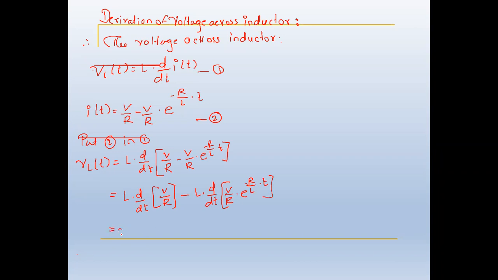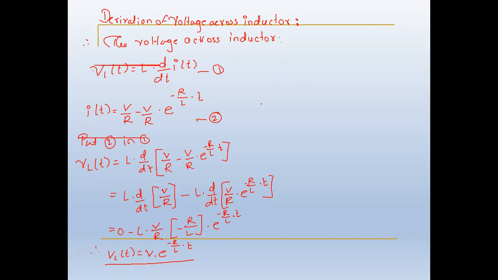The first term is 0, minus L into V by R into minus R by L into e raised to minus R by L into t. If you solve it, VL of t is equal to V into e raised to minus R by L into t.